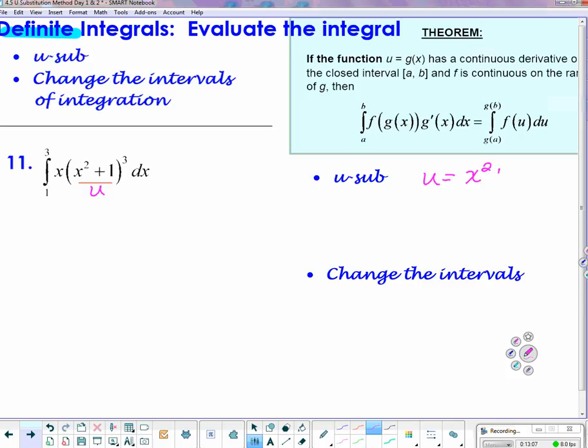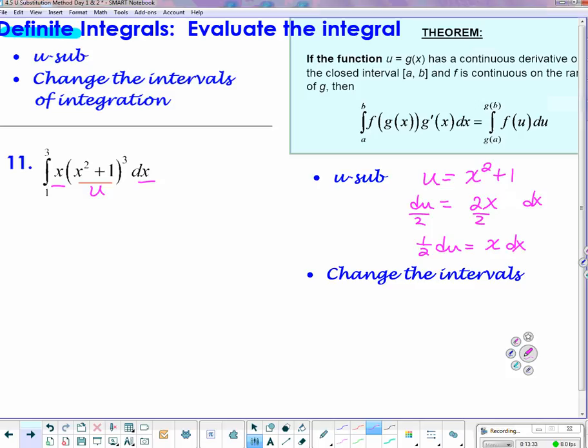So u equals x squared plus 1. Walk through your derivative step. du dx is equal to the derivative of the right side, which would be solely 2x. And I have an x dx, so let's divide by 2 and call this 1/2 du, which is equivalent to x times dx.